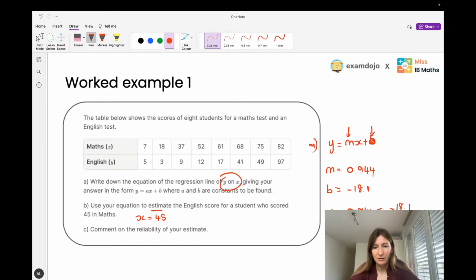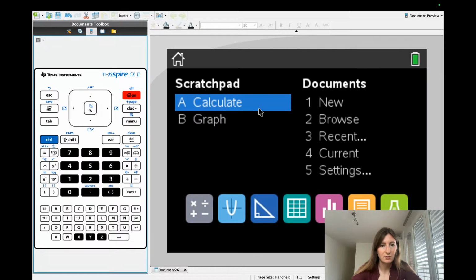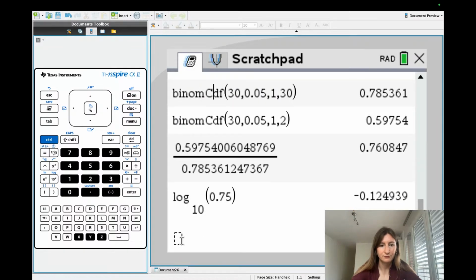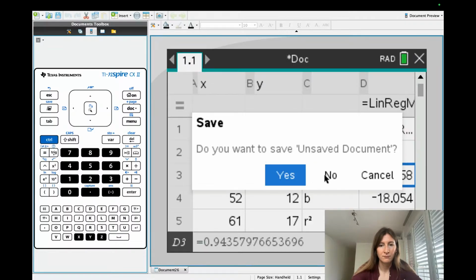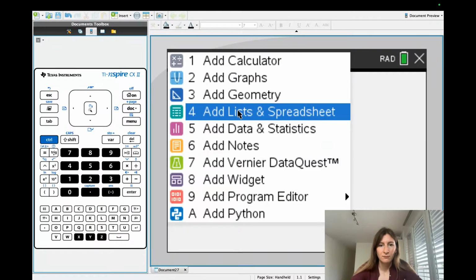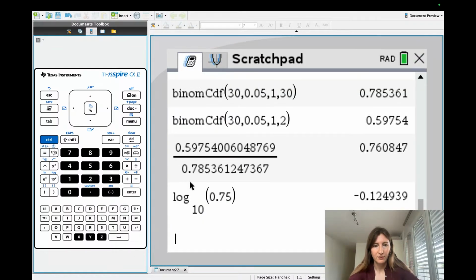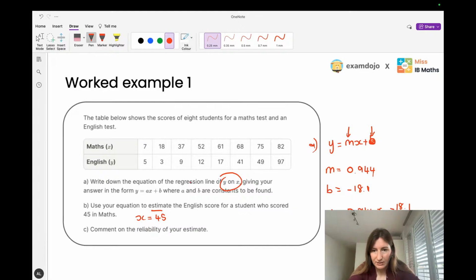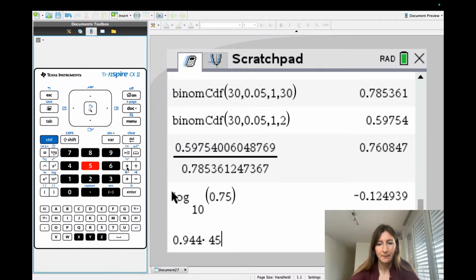And if we put that in our calculator, we will get a value. 0.944 times 45 minus 18.1.